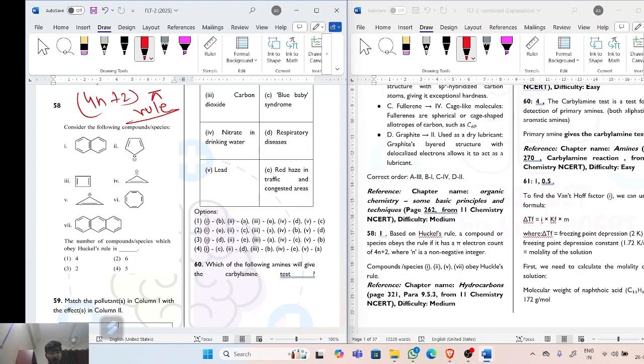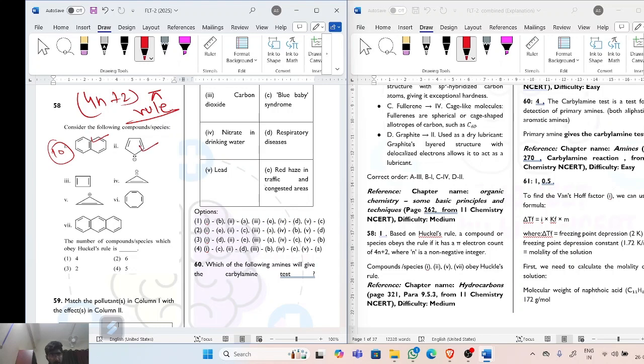First of all we have to calculate the number of pi electrons the compounds have. Directly we can say in the first compound, 1 2 3 4 5, means 5 multiplied by 2, we have 10 electrons, which is obeying 4n plus 2 pi electrons. In the second we have 6, so it is also obeying.